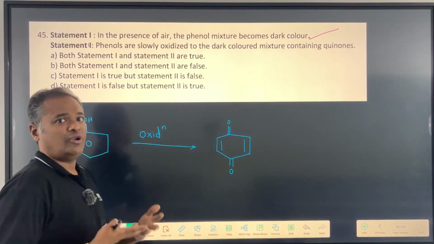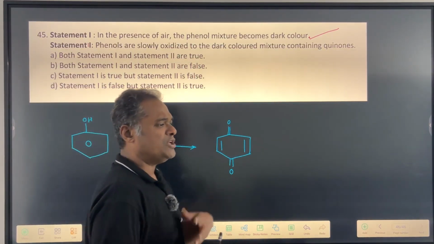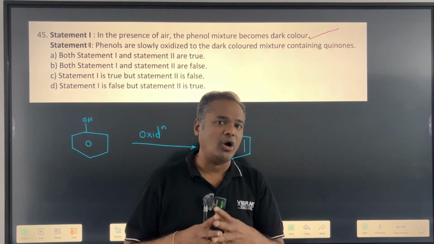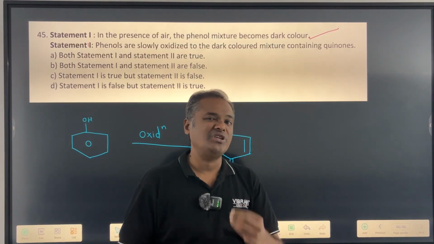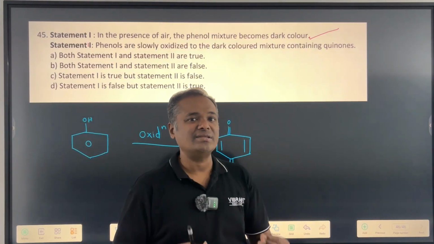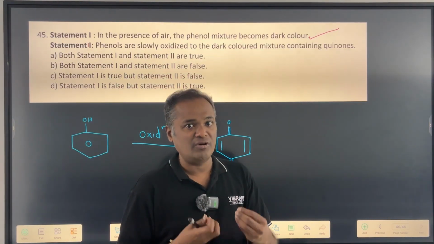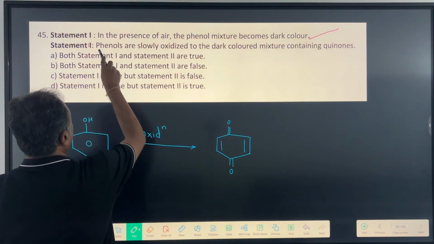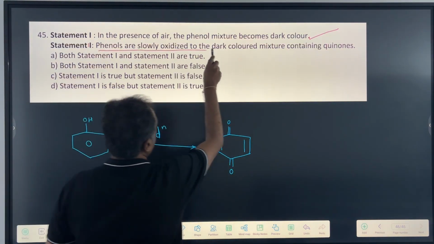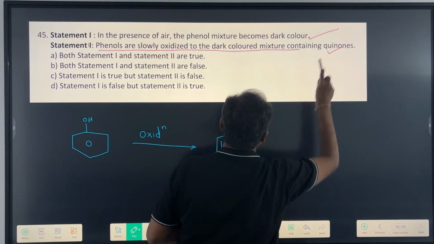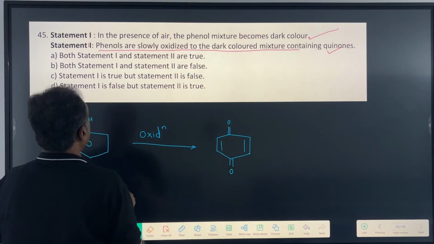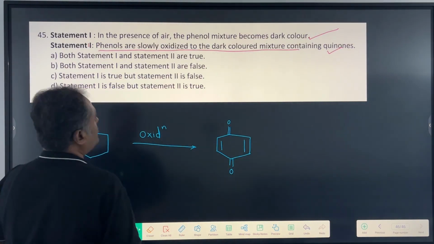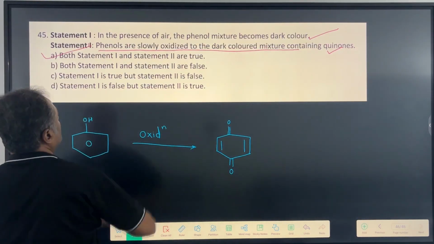So as phenol is kept in the open air, slowly some of the molecules of phenol will start getting converted to these quinones, and hence it will result in a mixture which will be dark in color. In this case this option is also correct. So as per the discussion, both statement 1 and 2 are true.